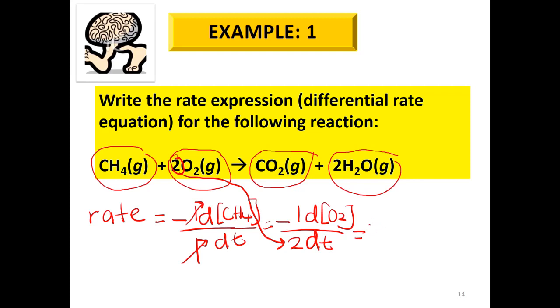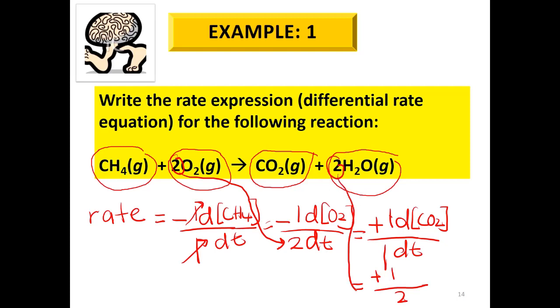The sign of the rate for the product is positive. We have 1 over 1, d carbon dioxide over dt, is equal to positive 1 over 2, where the 2 comes from here, d H2O over dt. Understand?